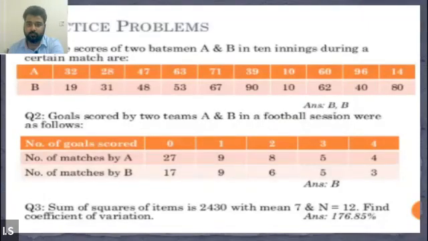So first question is regarding a batsman. The question says that the scores of two batsmen A and B in 10 innings during a certain match are 32, 22, 28, 47 and so on. Player B has scored 19, 31, 48, 53 and 67 and so on.